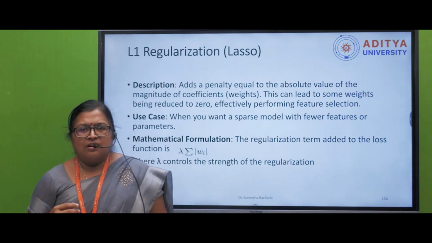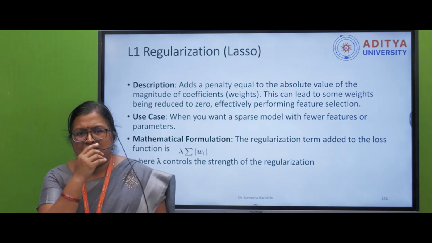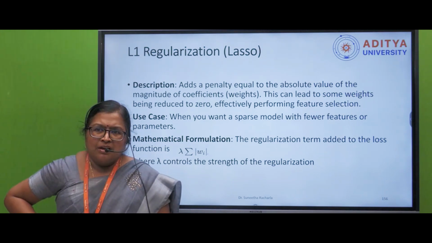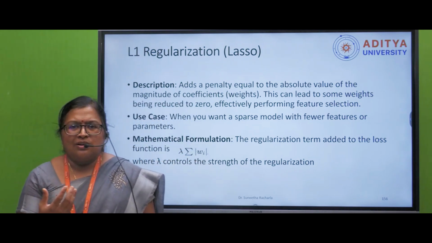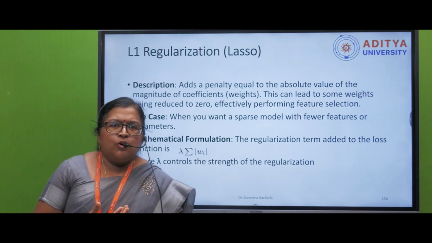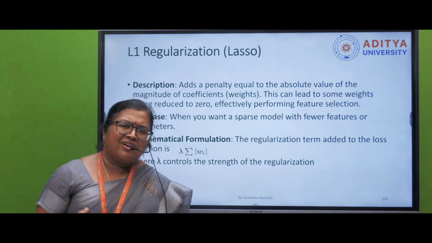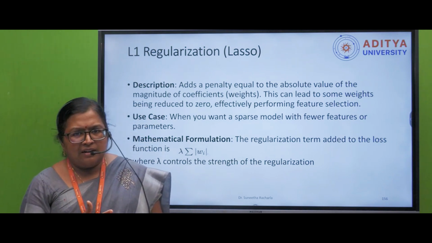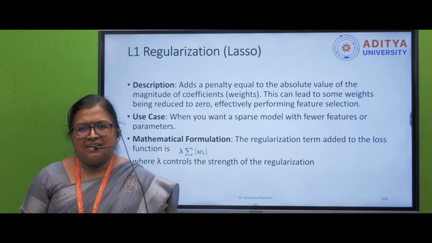For example, the same basketball team we are considering. Lasso regression is like, suppose a few people in your team are just there for showing off. They are not participating in the team activities.